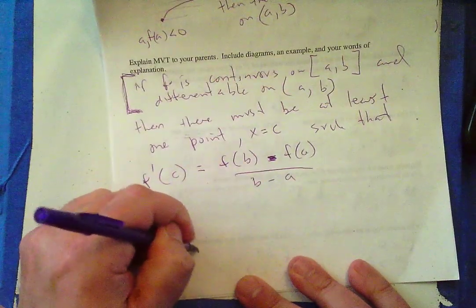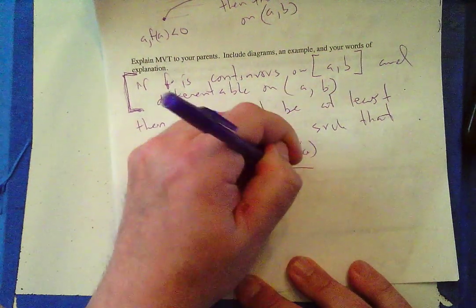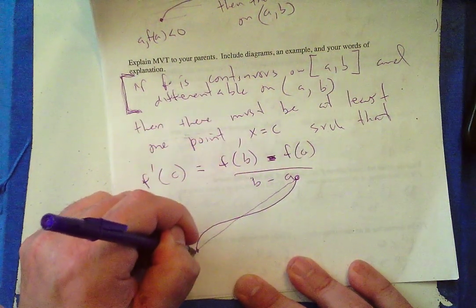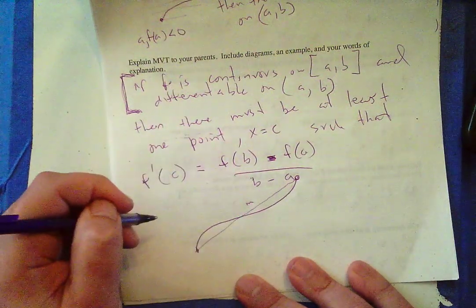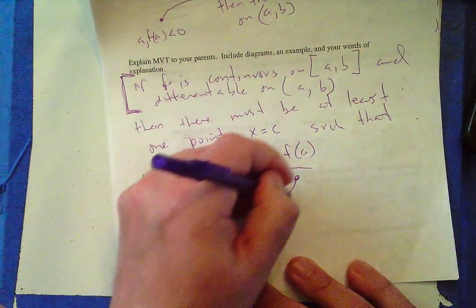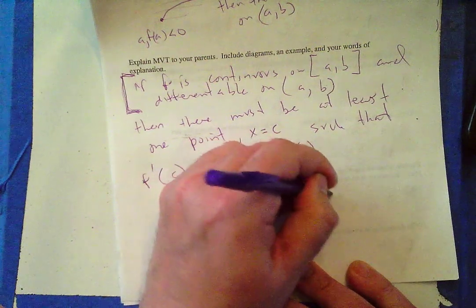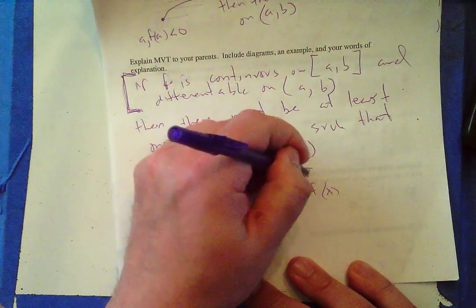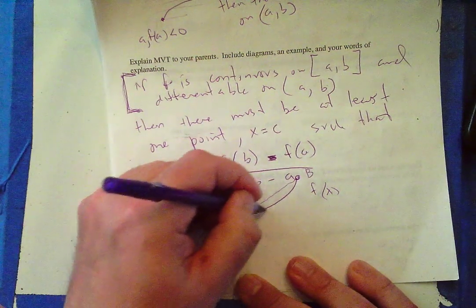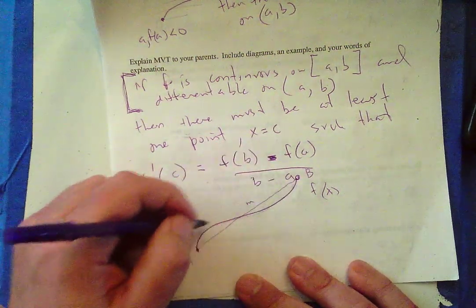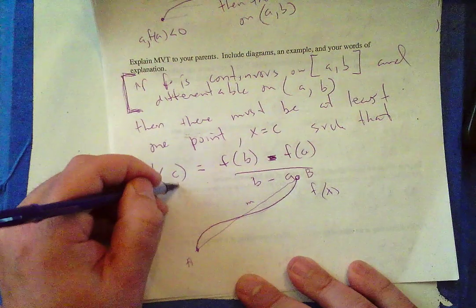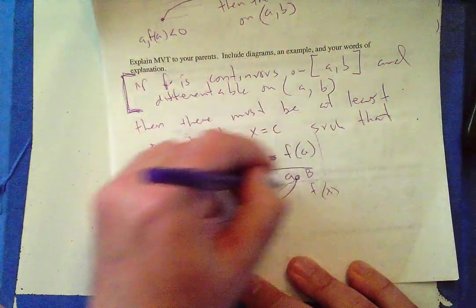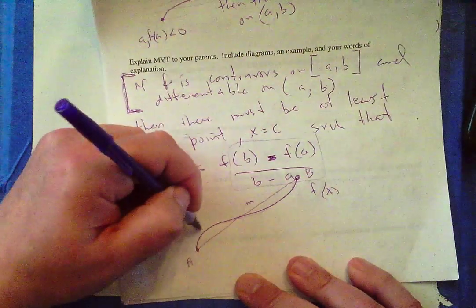And so what we're saying is if we have this situation and we have this average rate of change here, because this function f is continuous on this closed interval from a to b, and it's everywhere differentiable here, there must be at least one point, x equals c, where the slope of the curve is equal to the slope of the secant.